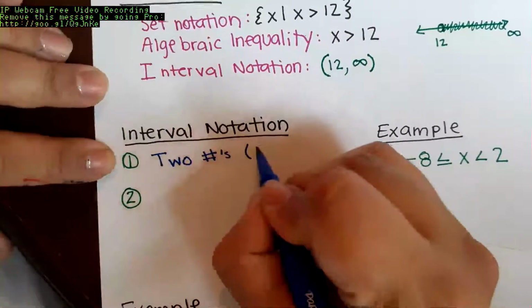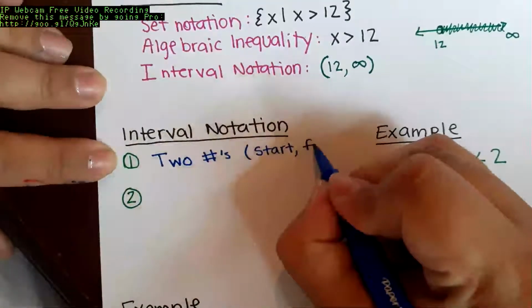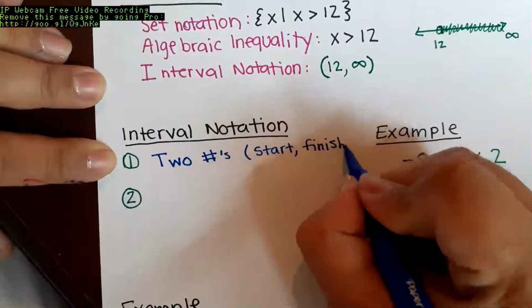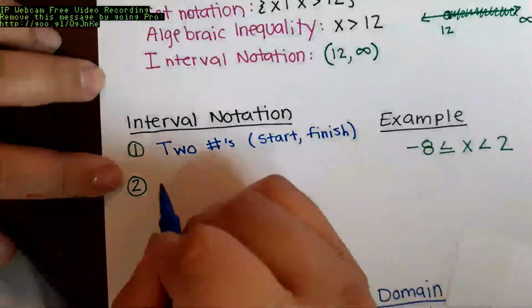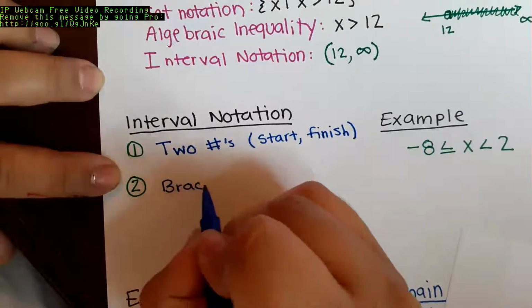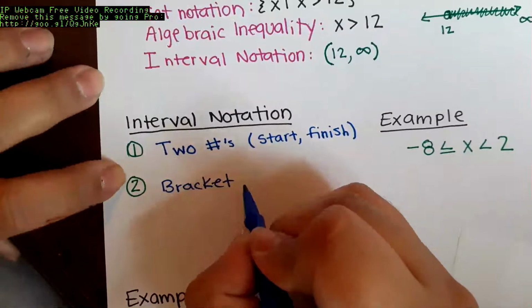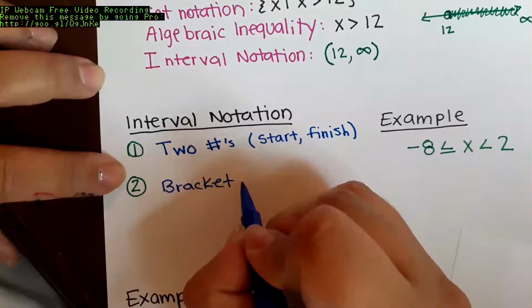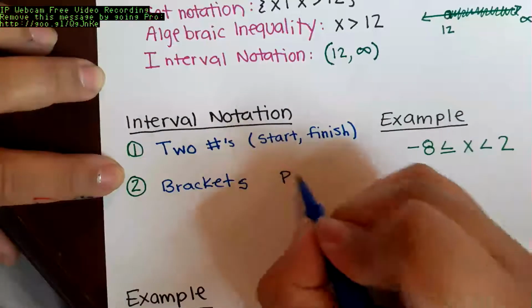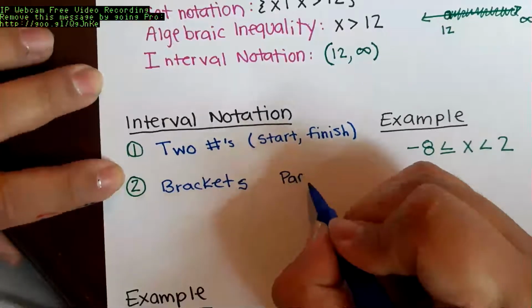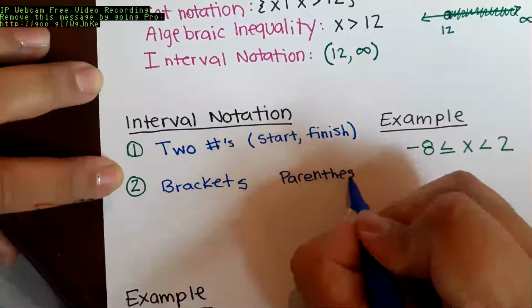And these numbers are going to tell me where the graph starts and where it finishes. The second thing that is important to know is whether I'm going to have brackets, which I really hope that's how you spell brackets. Whoops. Or if I'm going to have parentheses. Parentheses, I always spell that wrong.